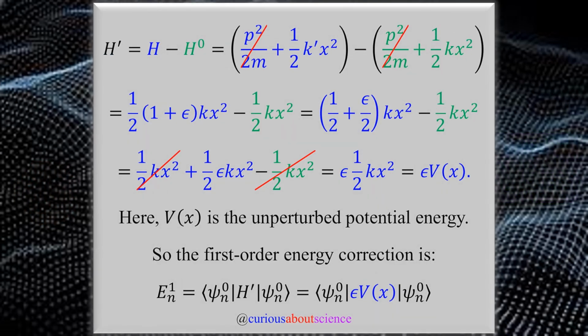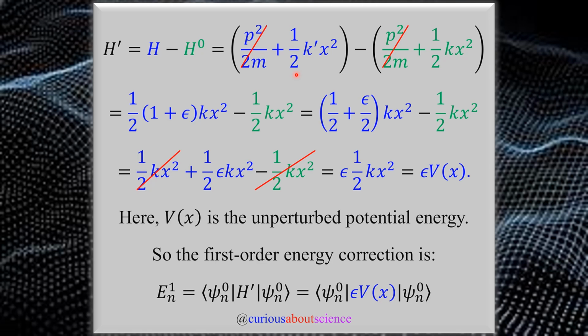All right. So going ahead and algebraically solving for H prime, we simply subtract H naught, so the unperturbed, not to the 0 power, but unperturbed. We see that for the new Hamiltonian, we get 1/2 k prime x squared, and we have, okay, minus the p squared over 2m, both of them cancel with the unperturbed, so we're good there.